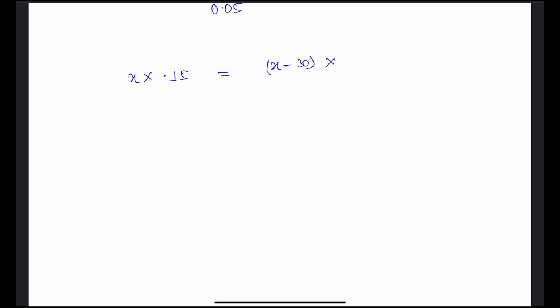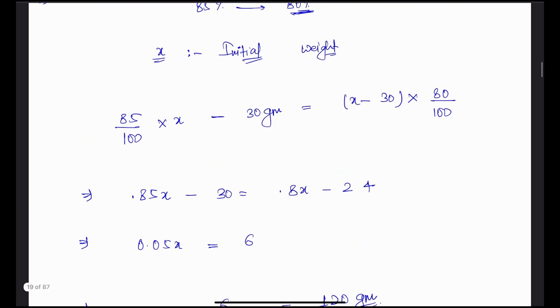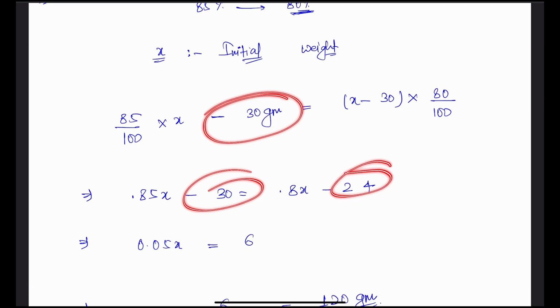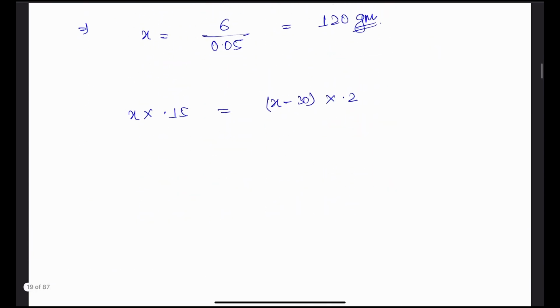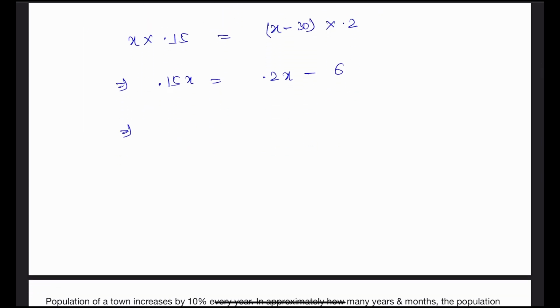Because the pulp weight is not decreased. So in doing so we don't have to bother about this 30 gram, so the calculation mistake can be avoided. So 0.15x equal to 0.2x minus 6.